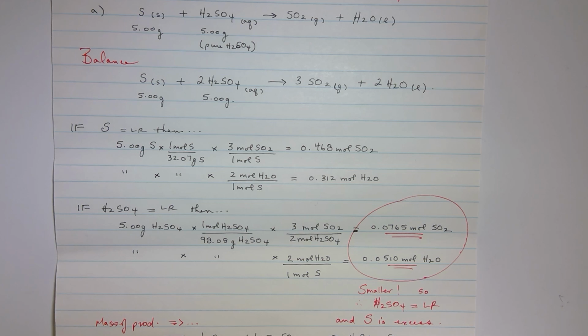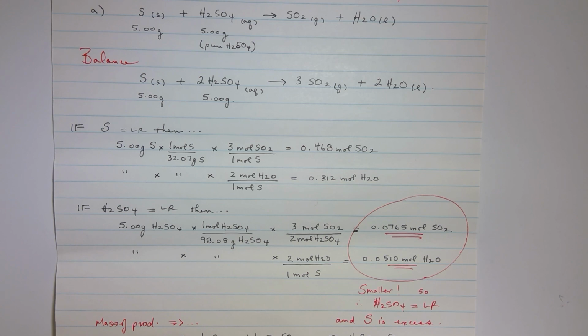I'm just realizing that we say which one runs out first, but it doesn't mean that the sulfur runs out second. It's not going to run out at all. It's going to have some left over. There's another question in the ones that I've posted that shows you how to calculate how much of something is left over. I'm not going to complicate this question further.